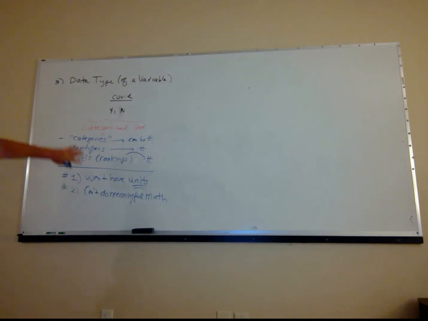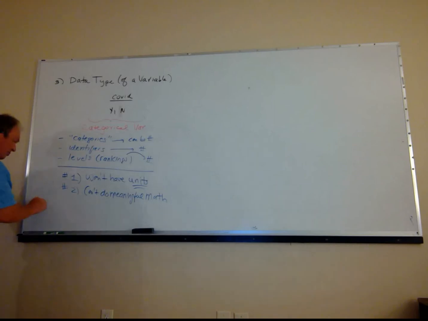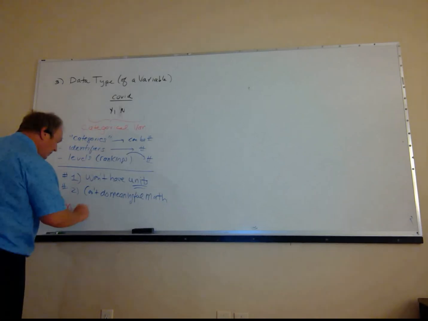The parameter for a categorical variable, and this is important, is always the population percentage. So I'm just going to write the word param. So the parameter for a categorical variable is always the population percentage.